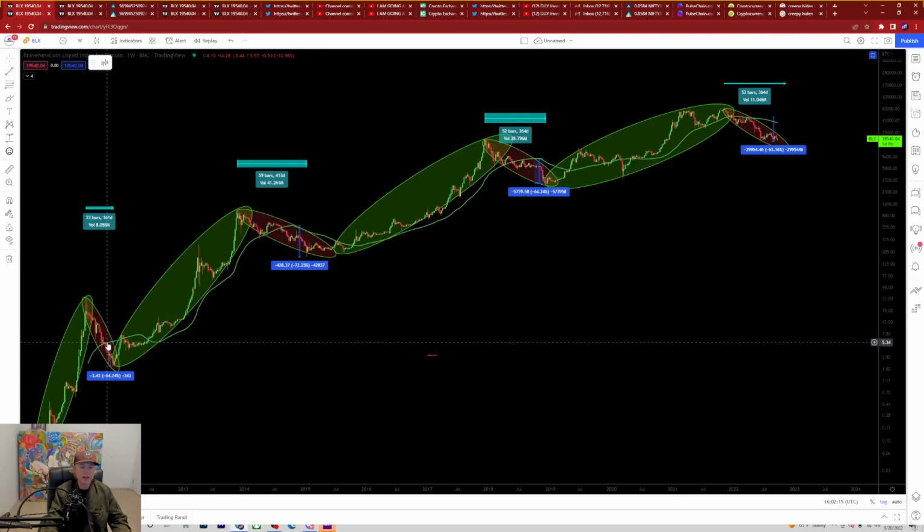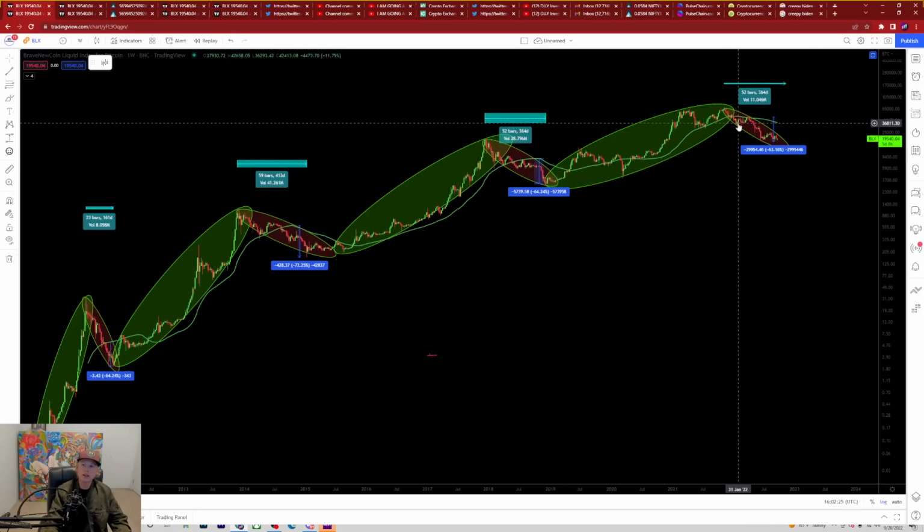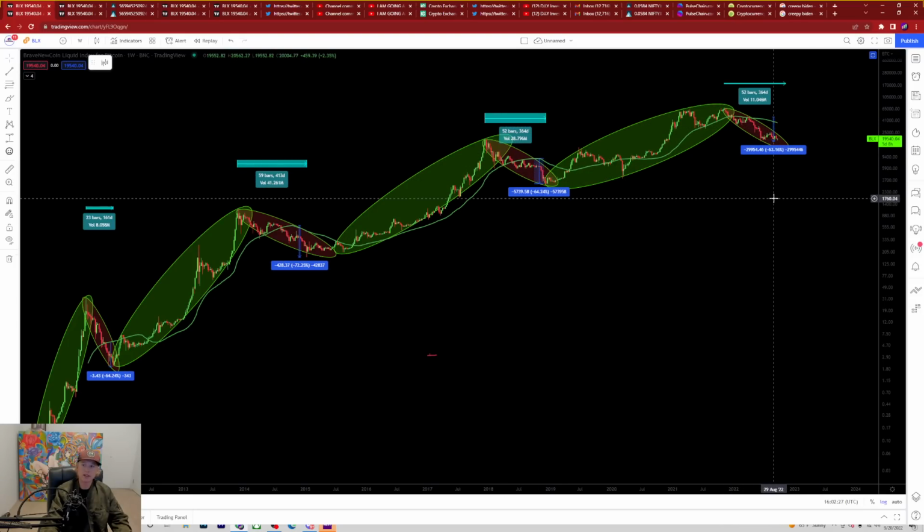The 50-week moving average becomes resistance. We fall about another 64% below that. This happened in this cycle, this happened in 2014, this happened in 2018, and we're literally right on par with those exact same things. And so we know that historically, we're pretty much checking off all of the things that are showing us, hey, a cycle low is about to be in if it's not already in.